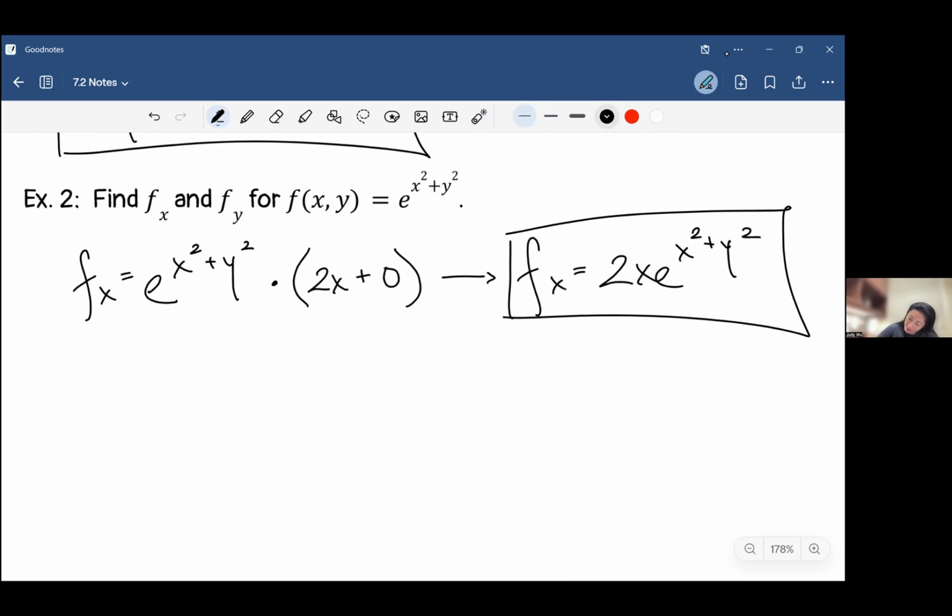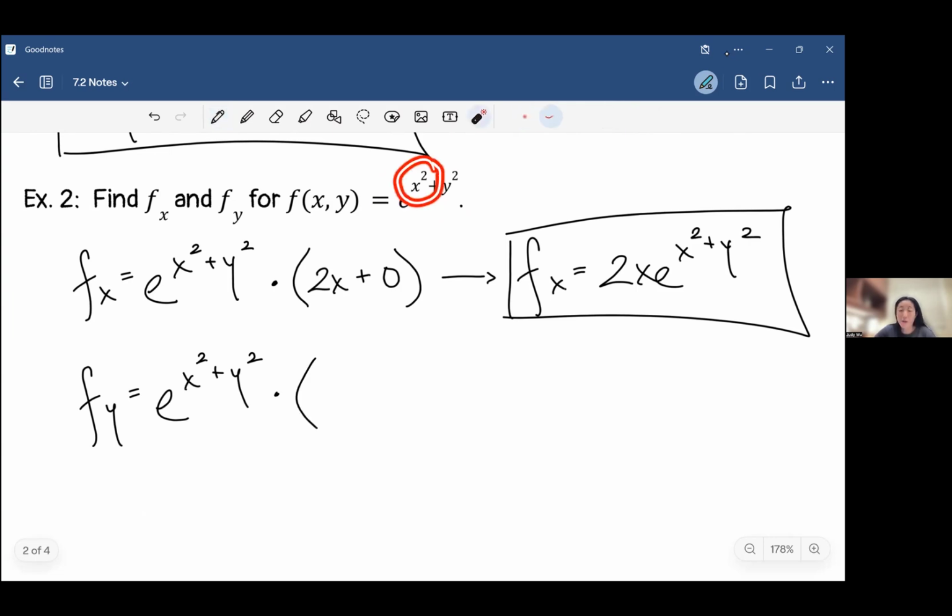All right, let's do the same thing with our partial y or fy. Now, the outer function is still e to some power, so my first derivative is e to the x squared plus y squared times, all right, now we're taking a derivative with respect to y, so x squared is actually a constant, plus the derivative of y squared is 2y.